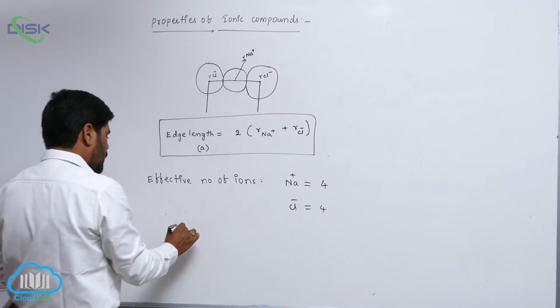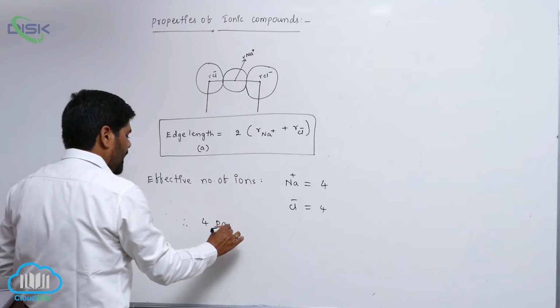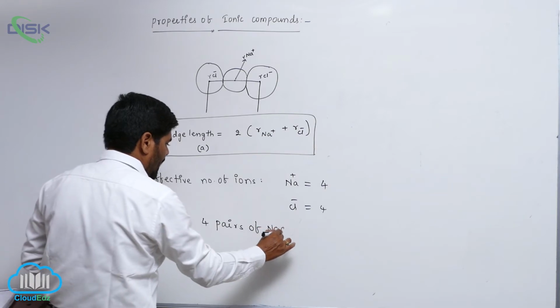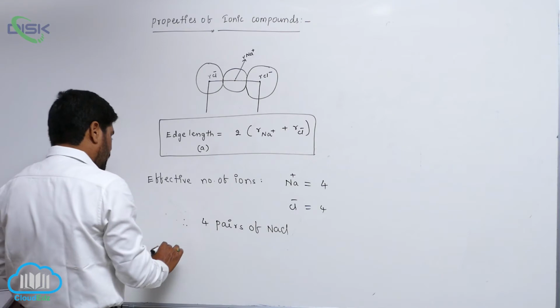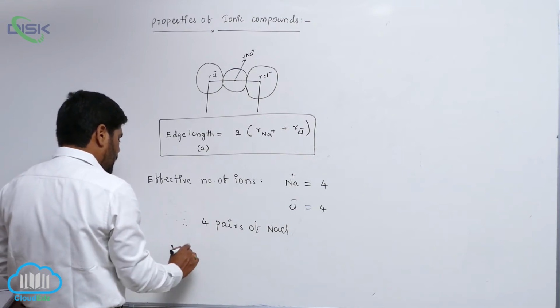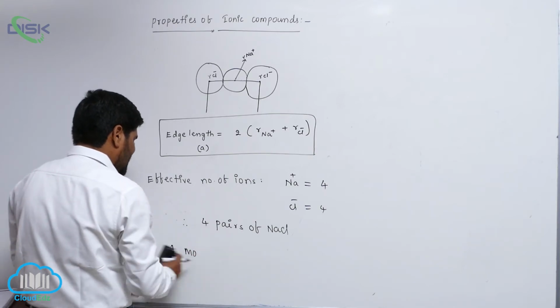So therefore 4 pairs. How many pairs? 4 pairs of sodium chloride. So 1 mole of crystal.